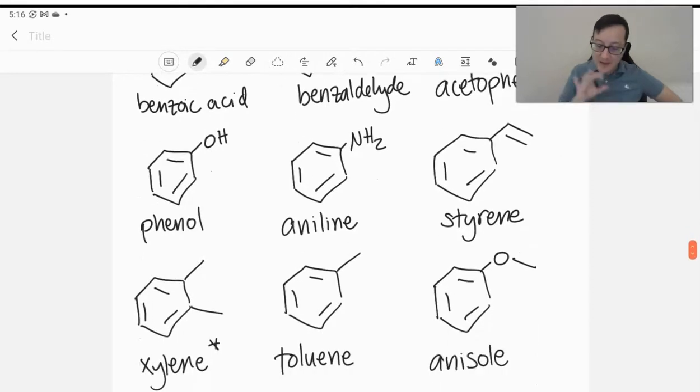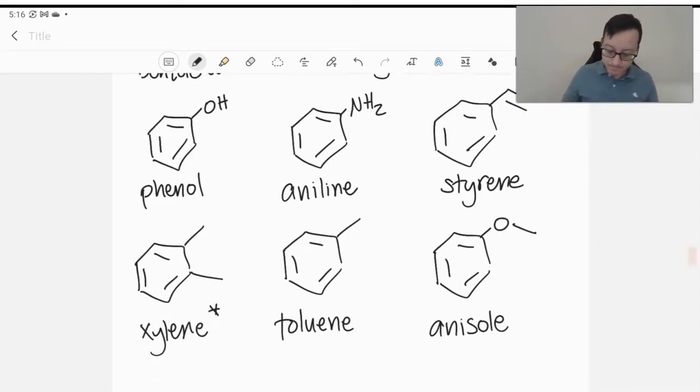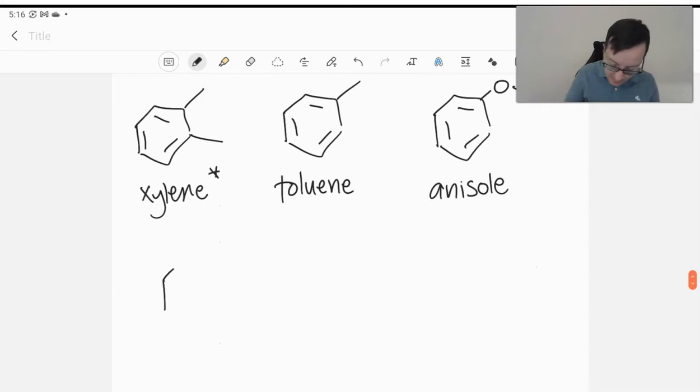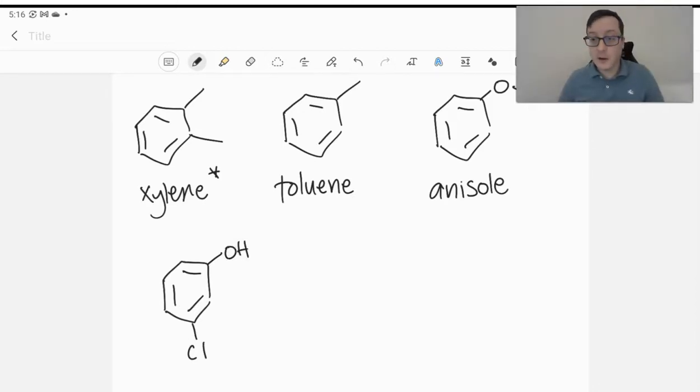So you'll want to be comfortable with all of these various substituted benzenes, because we're going to see that if we have multiple substituents on the benzene, we are going to probably refer to one of these as the parent names if they're present. For example, if we have the following compound, we have now a chlorine on our benzene.